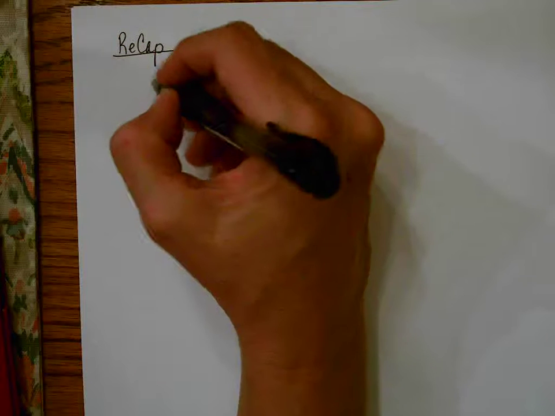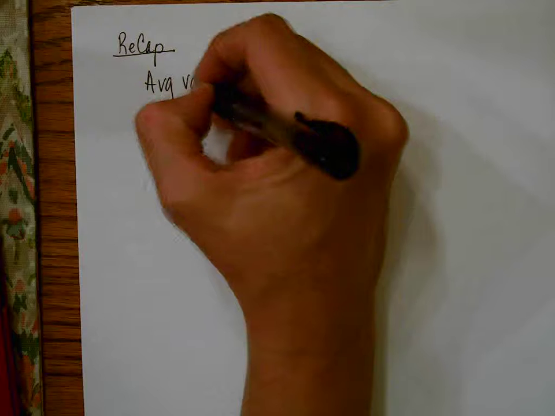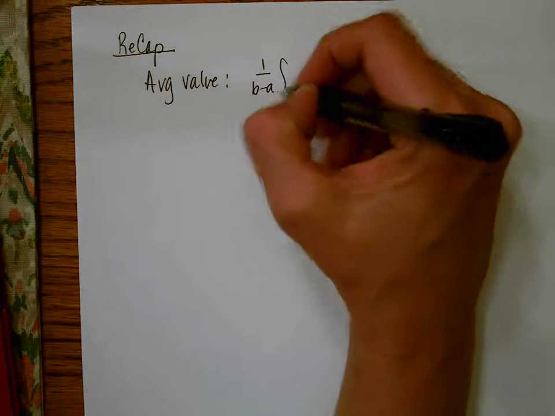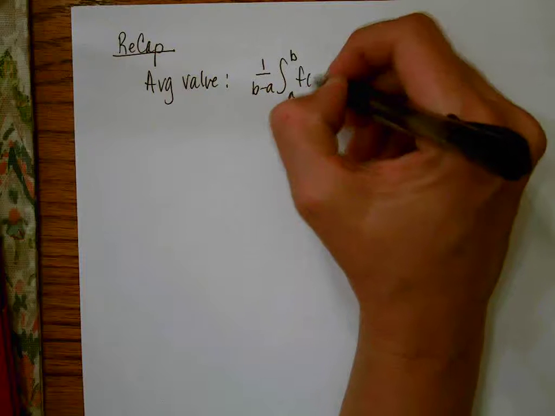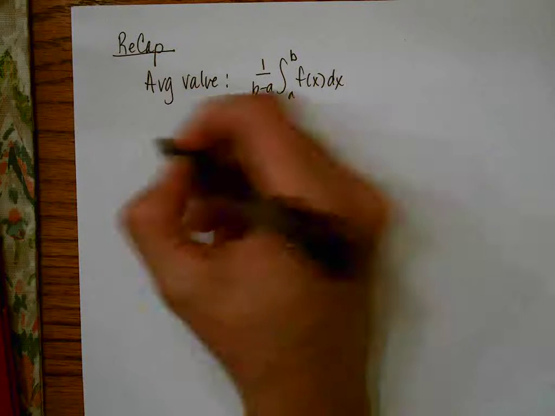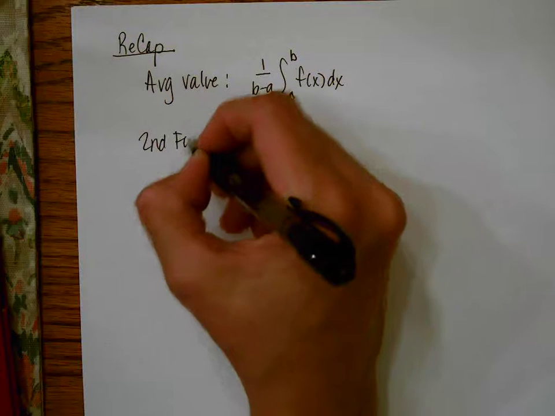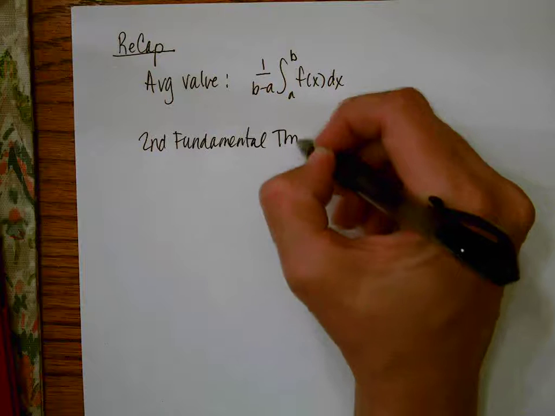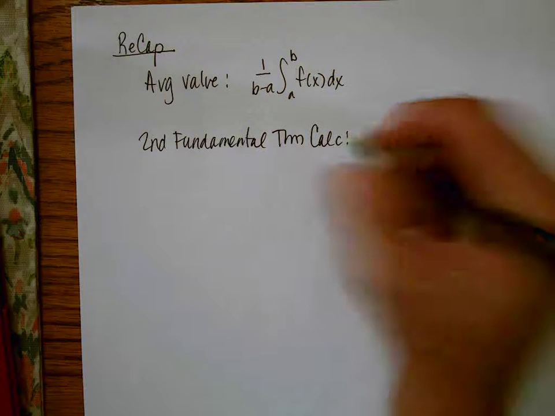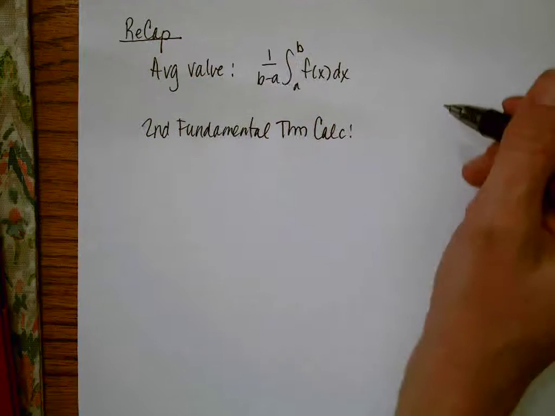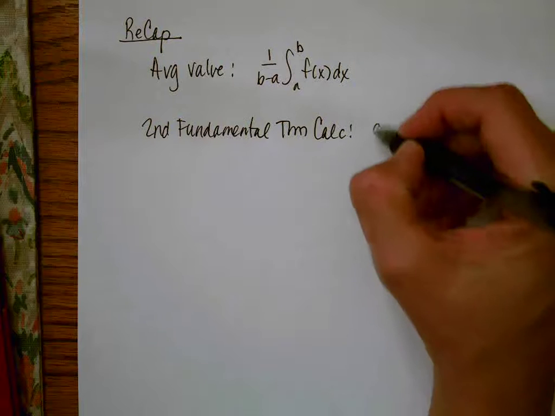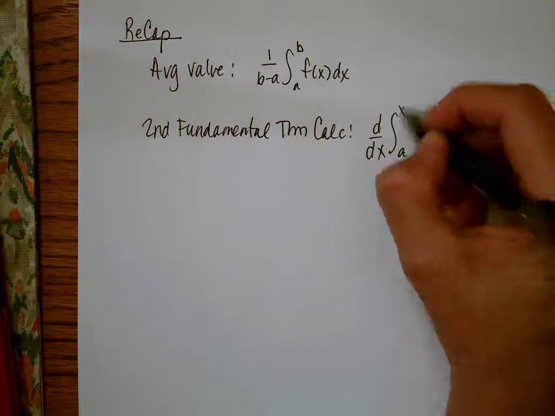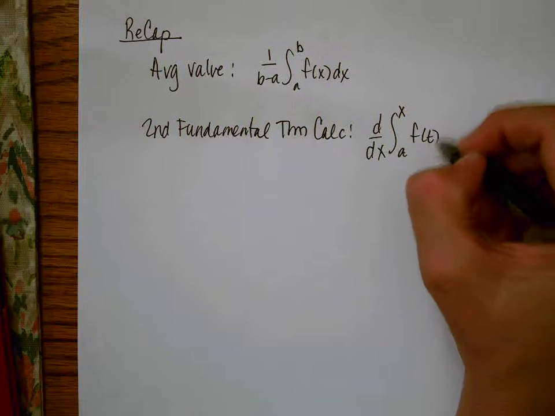All right, so let me just give us a brief review or a recap of the formulas that you've gotten today. We know that the average value, right, would be 1 over b minus a, integral a to b f of x dx. My second fundamental theorem of calculus, that's an M. This one is really nice because it actually saves you some time when you are integrating and then taking the derivative of the integral.